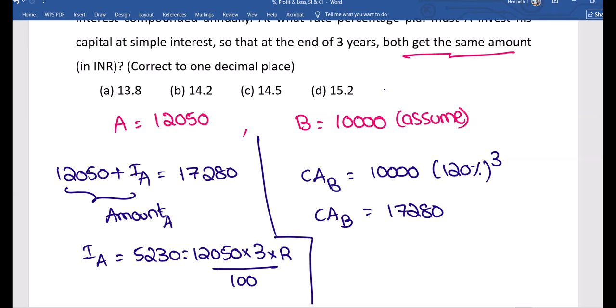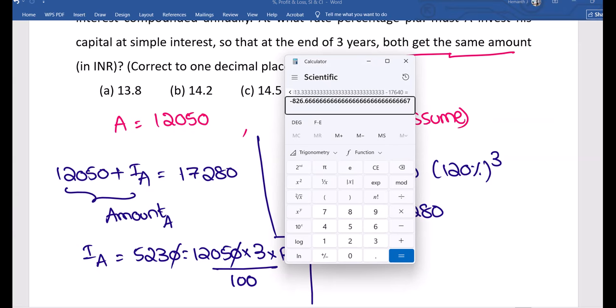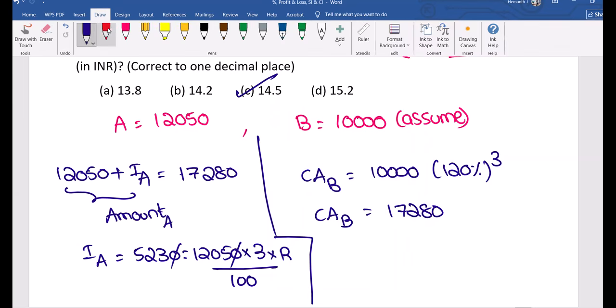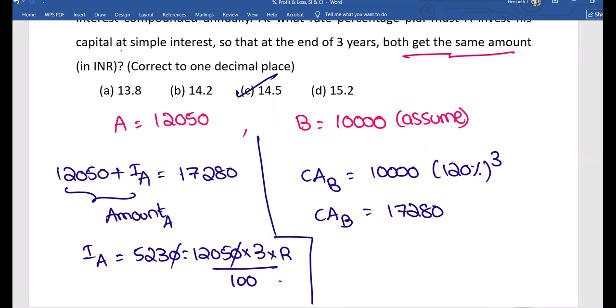Calculator is allowed, no issue. So 5,230 into 100 divided by 12,050 divided by 3 will give 14.46. To one decimal place, that means 14.5. You have 14.46, I agree, but you have to correct it to one decimal, so you go for 14.5.